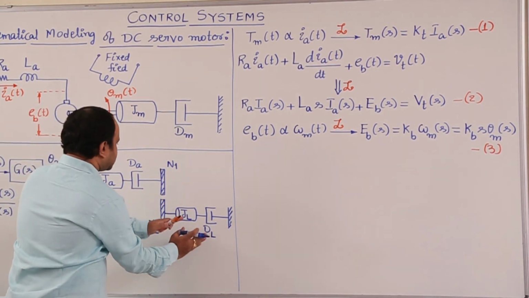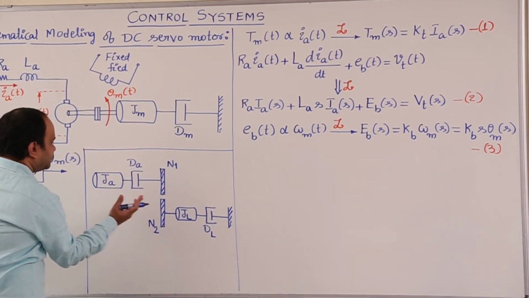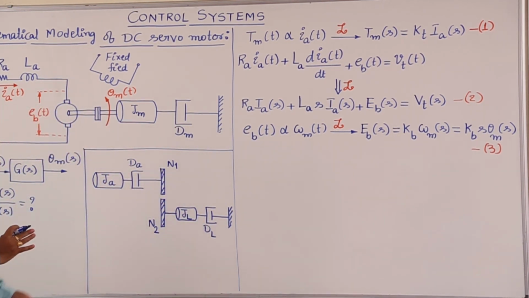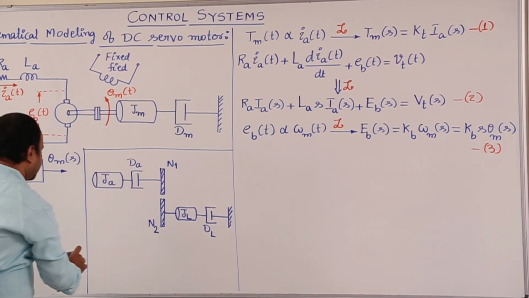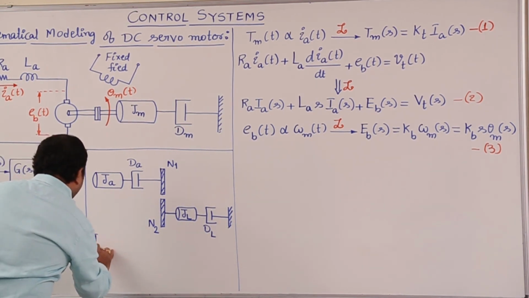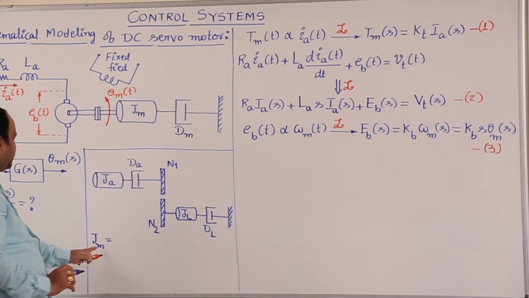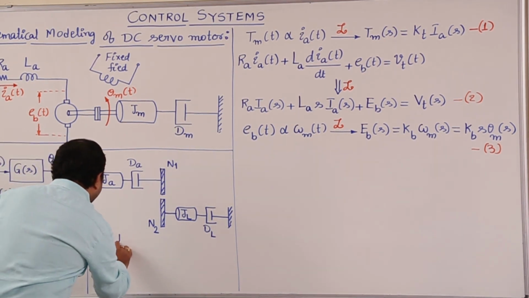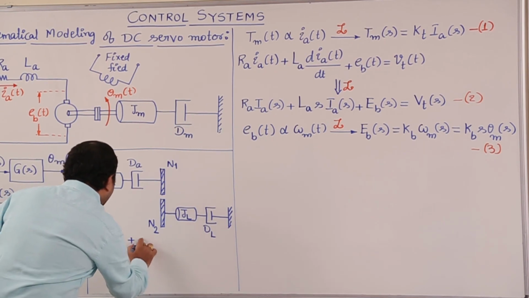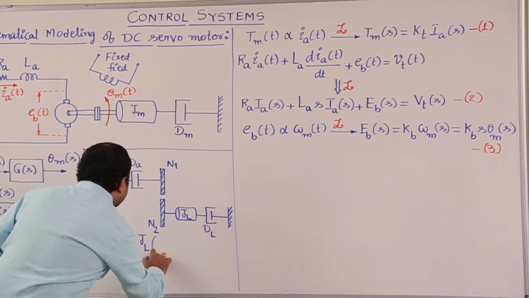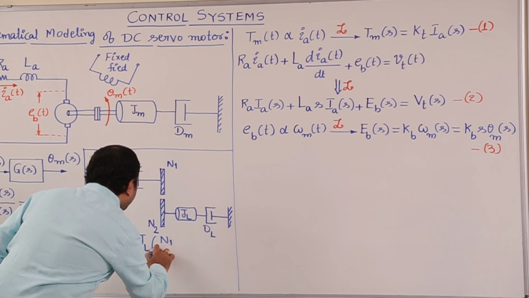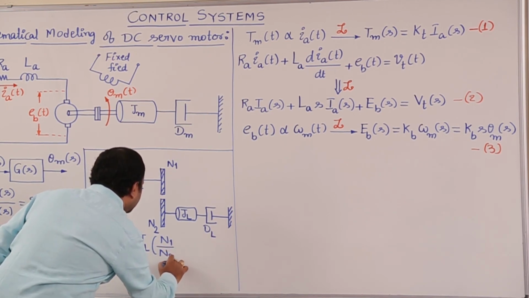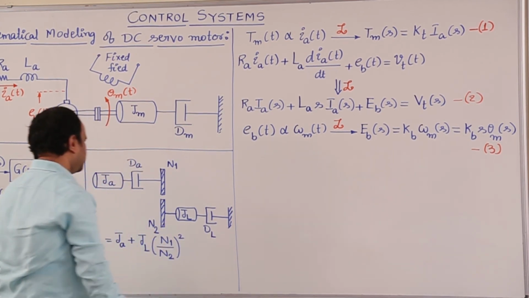Now this total inertia term will be transferred to the motor side. That is what Jm, the motor side equivalent moment of inertia. Jm can be written as Ja plus JL multiplied with N1 upon N2 whole square.